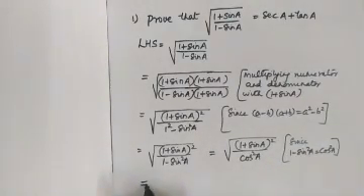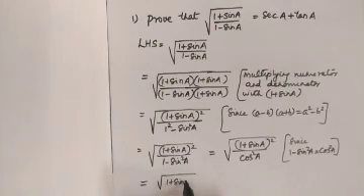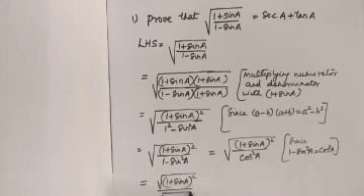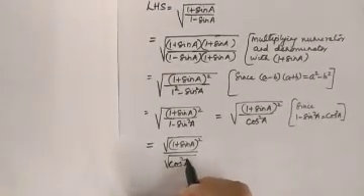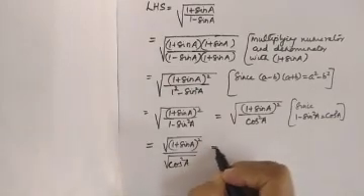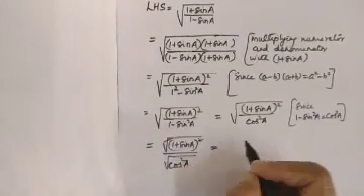Now this is equal to root of the numerator, root of (1 plus sin A) the whole squared, divided by square root of the denominator, cos squared A. Here root and square get cancelled.